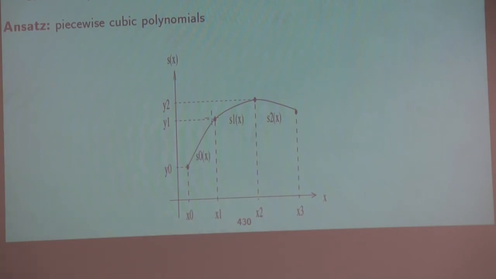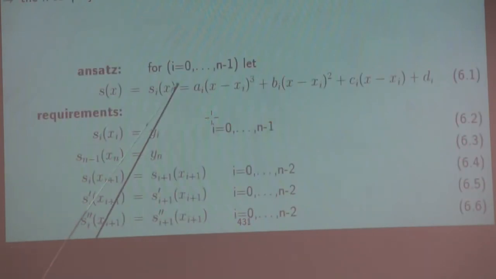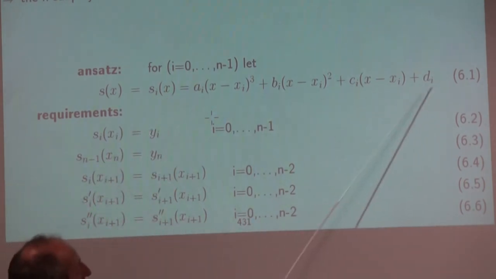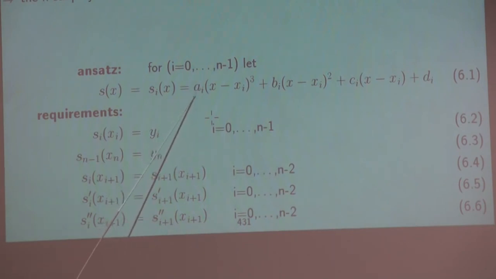So if we have n plus 1 data points, we will get n splines, and that's why this variable goes from 0 to n minus 1, because we are talking about these subsplines, the subspline Si of x. And now this is our ansatz: ai times x minus xi to the 3rd power, plus bi times the second power, ci linear, and the constant term.